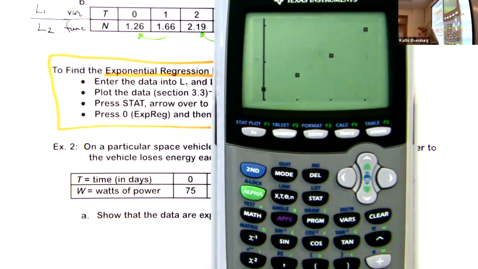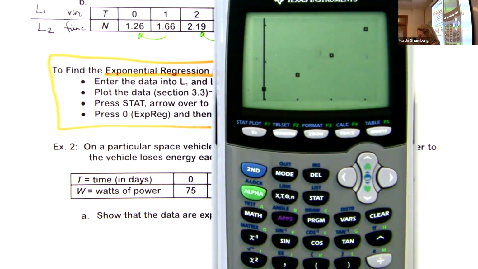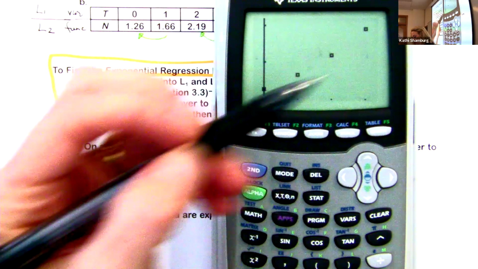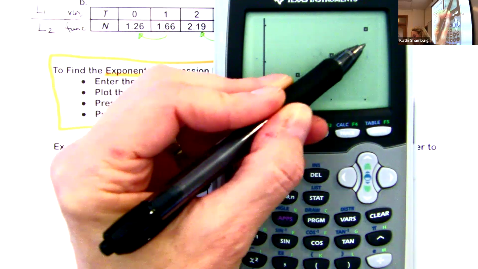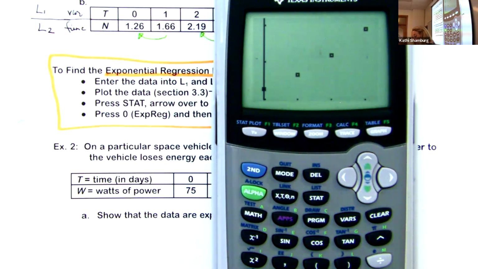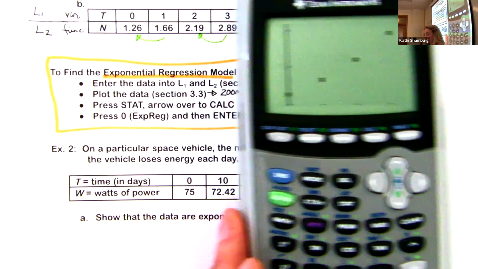So it would look like this. So what this is doing is increasing at what kind of a rate? Increasing rate, right? It's increasing at an increasing rate. Okay, now what we're doing is we're learning how to find the equation.